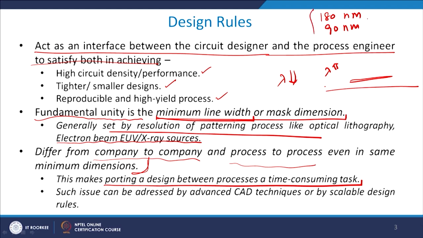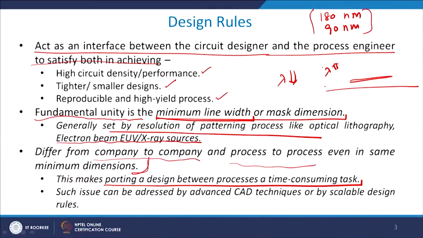This porting is quite difficult, because it is not that you just reduce the dimension by half and everything will go fine. No, it is quite complicated, and it is very difficult to port from either lower to higher or higher to lower.